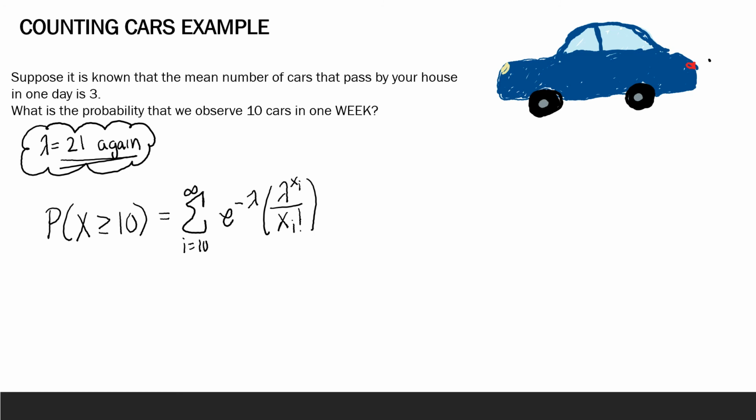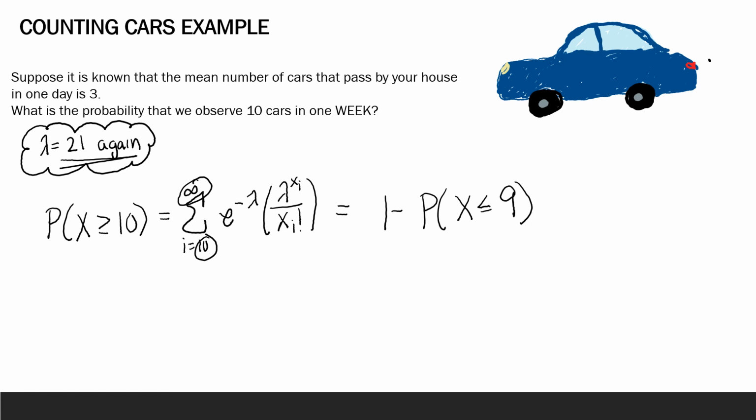We do this because by the definition of a probability function, the probabilities must add up to 1. Thus, we add the probabilities from 10 to infinity to get the joint probability of observing at least 10. Or equivalently, we could write this as 1 minus the probability that x is less than or equal to 9.